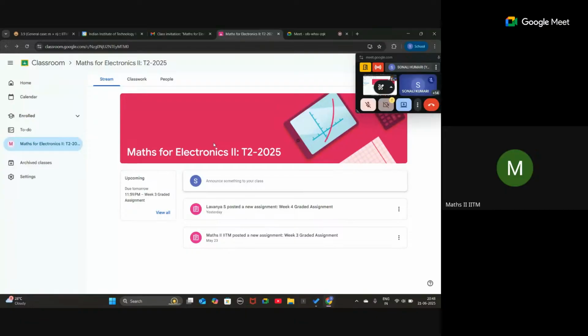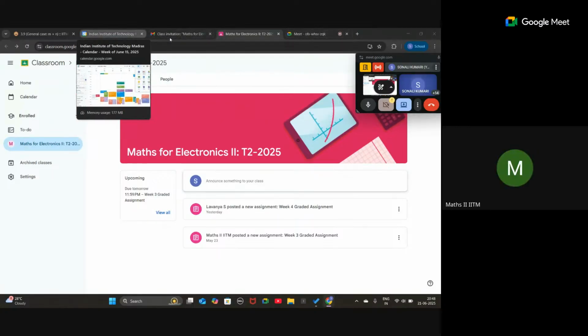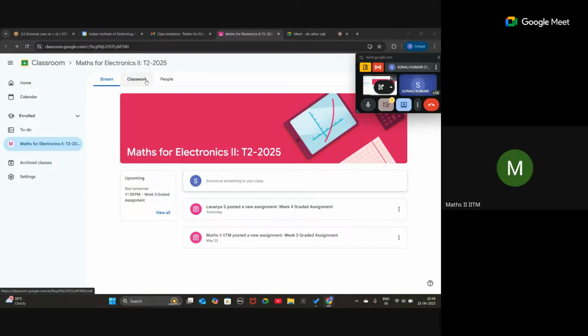Not the leftmost tab, the corner of the window, the right side of the calendar.